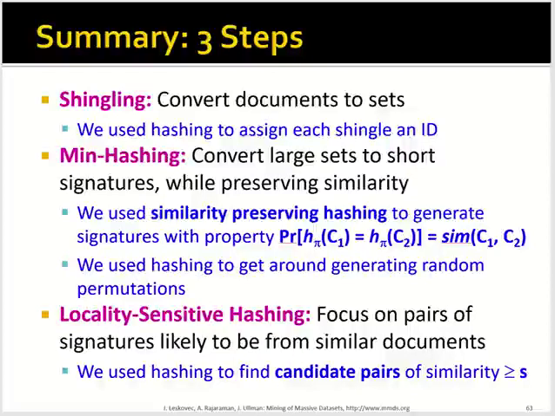This technique allows us to avoid computing the similarity of every pair of sets or their min hash signatures. If we are given signatures for the sets, we may divide these signatures into bands, and each band contains several rows. So we need to choose the proper number of bands and rows so as to eliminate from consideration most pairs that shouldn't be taken, balancing false positives and false negatives.